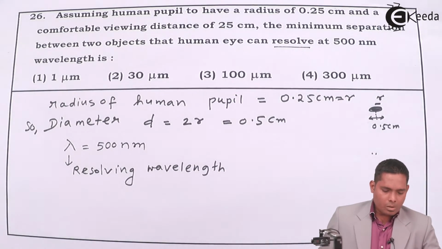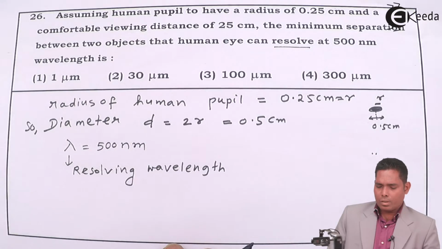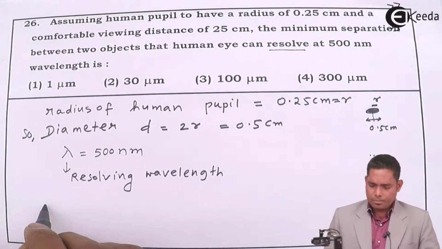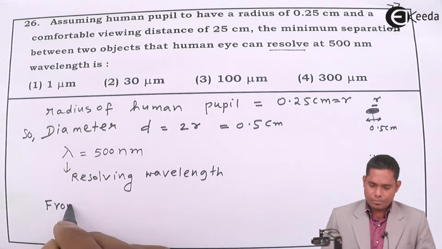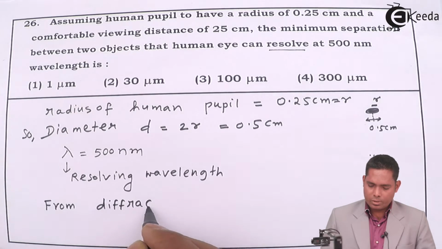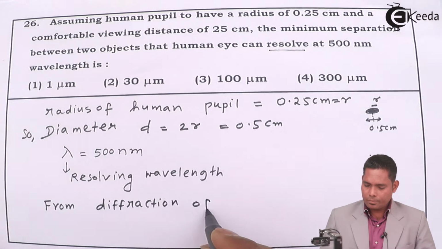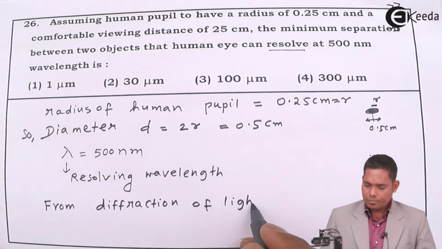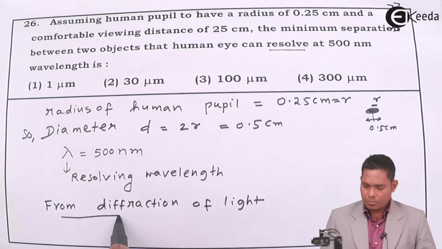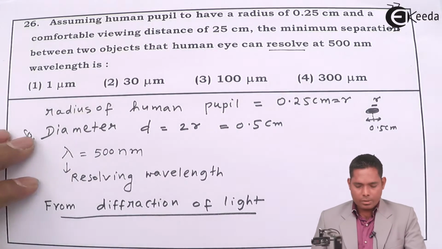So now, from diffraction of light, we generally use one relation that I'll write here.